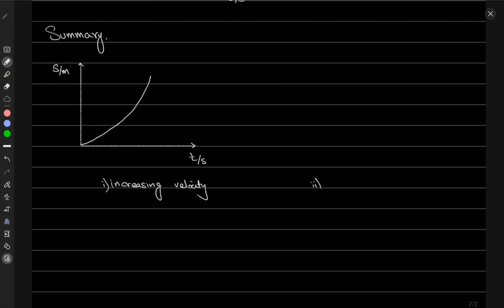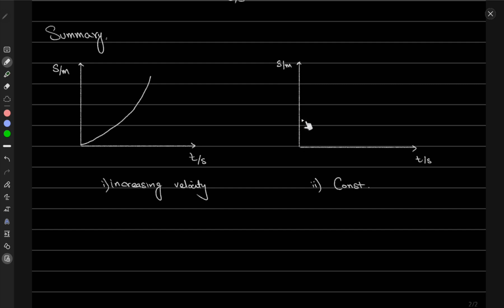Suppose I need a graph where the velocity is constant. So a constant velocity graph would look something like, if I have t and s over here, then a constant velocity would mean that the displacement would be increasing, but the velocity is constant.